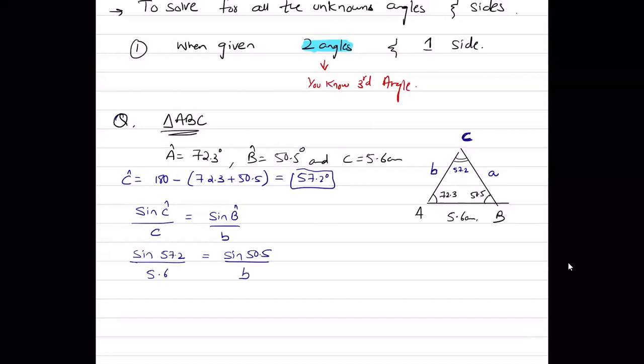Please make sure your calculator is in the right mode, degree mode, before solving this equation, and you're going to cross multiply and solve it.